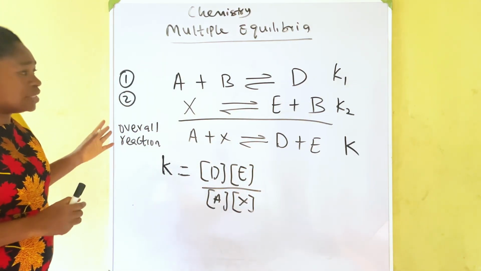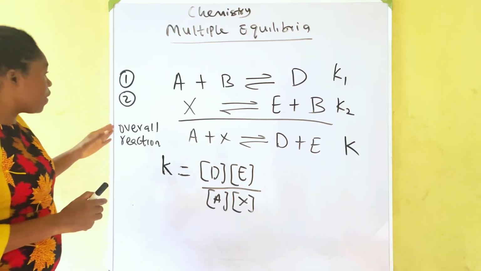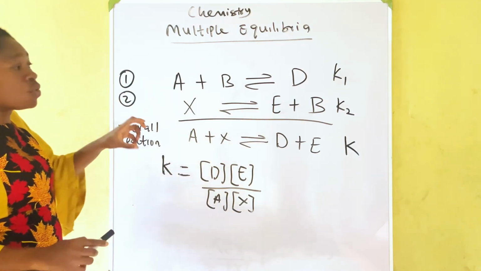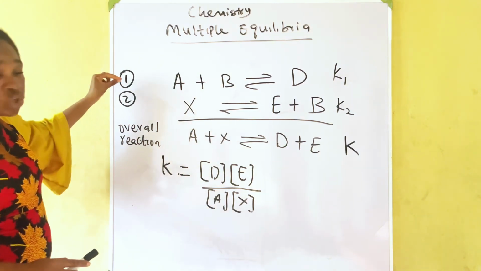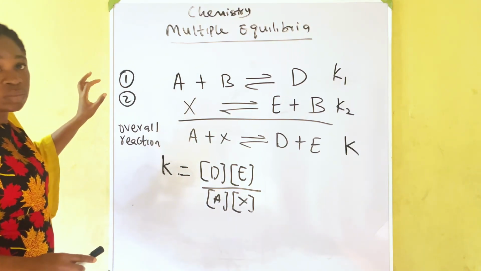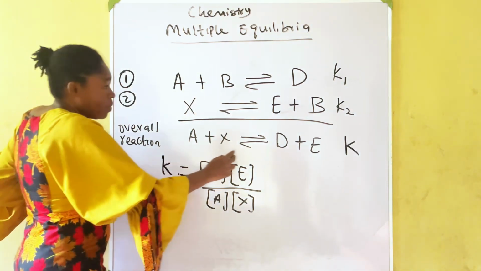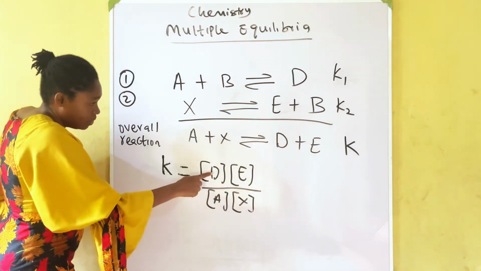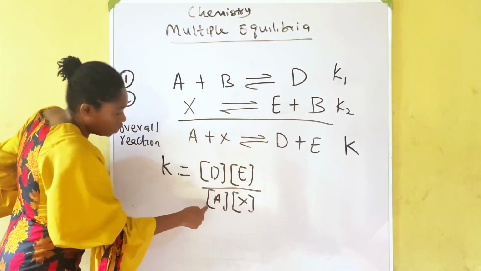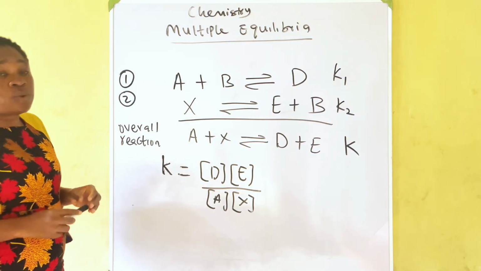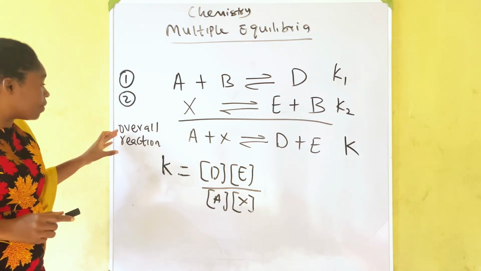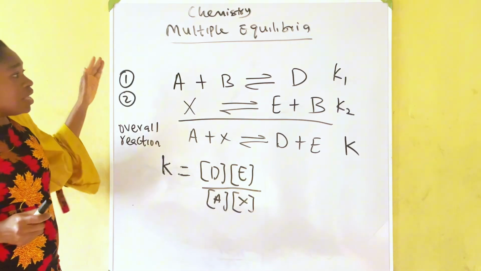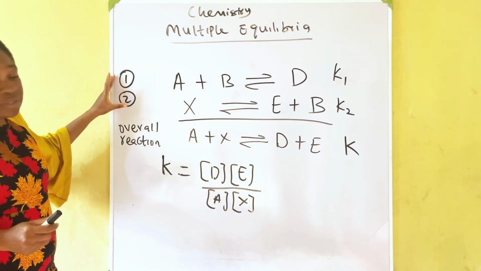In such a case, you can see that the overall reaction is the product of the equilibrium constants of equation 1 and equation 2. So the equilibrium constant for the overall reaction is K, the product over what? Reactant. So we're going to prove that the equilibrium constant for the overall reaction is the product of the two equations.